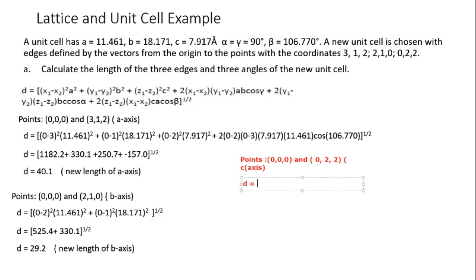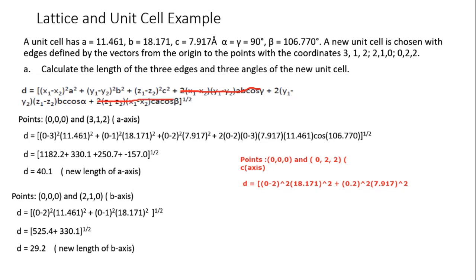And since the x difference is 0, these two cosine functions are 0, so we can get rid of this one and this one.